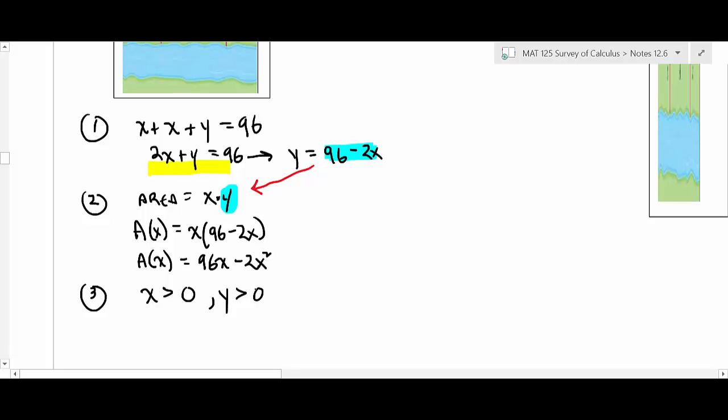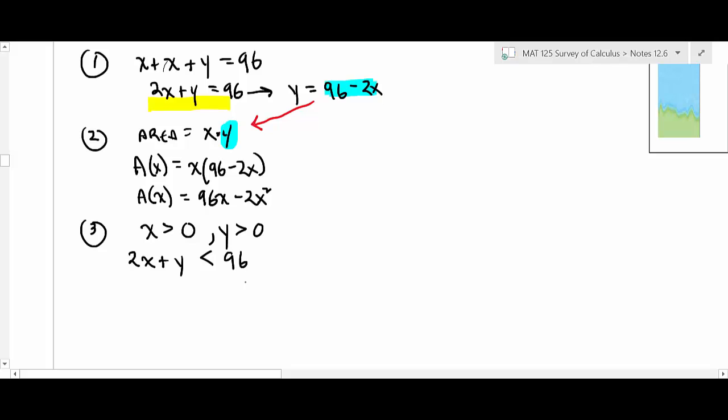Okay, and also y has to be greater than 0 because it's a piece of fence. And then the other thing is these things also have to be less than 96. So 2x plus y, that whole thing there, would have to be less than 96. You don't really have to worry about that too much in this problem because the mathematics is going to work out once we do our derivative and look at our function.